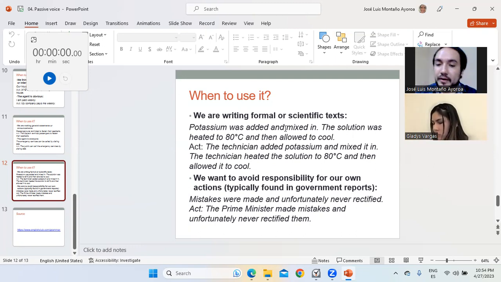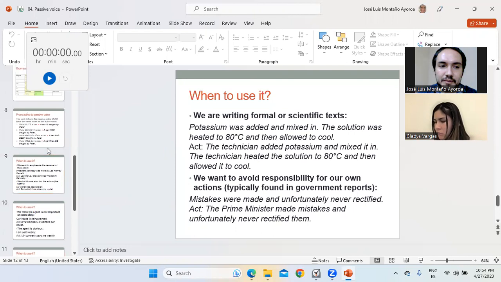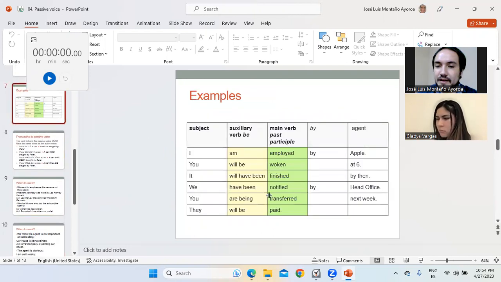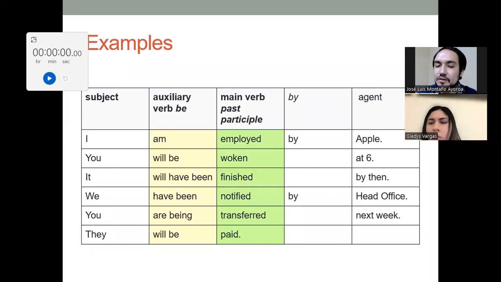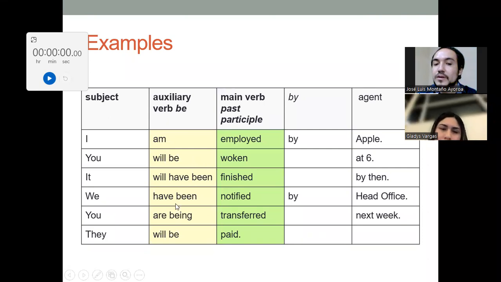All right, in a paragraph. And you can use these examples as a reference, Gladys. You can use present, future, past, present perfect, right? You can use many tenses. But I need you to write a paragraph telling me about your situation over there.